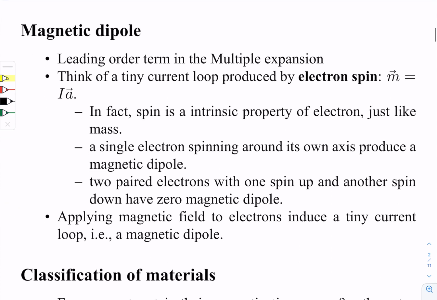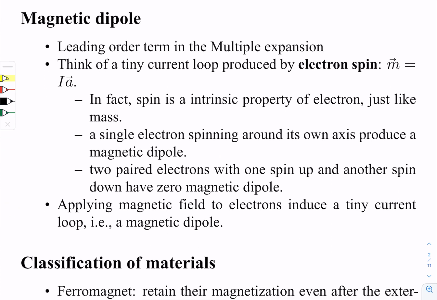Now, similar to the response of a material to an electric field, if you put a material inside a magnetic field, then the electron spins will respond to the magnetic field.